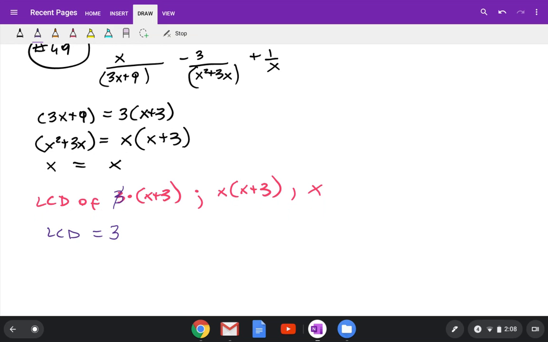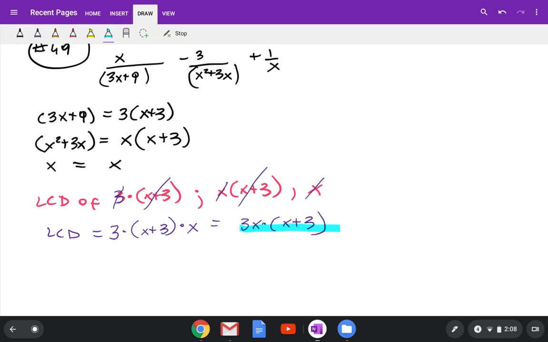Then the next factor is x plus 3, so I took x plus 3. And the next factor will be x. So I have it. So that's our LCD, which we can rewrite as 3x times x plus 3.